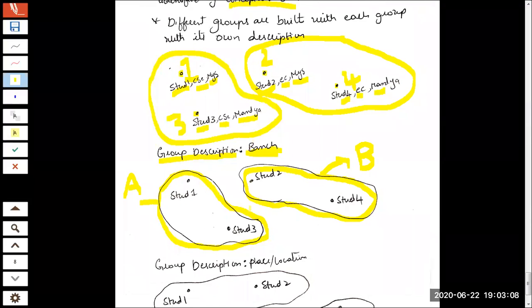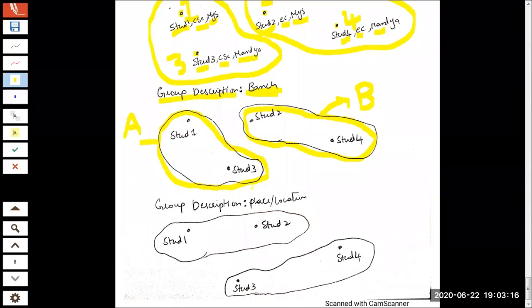Now, is it always the same? No, I can change my description. I can change my conceptual cluster. For example, now I made a change: form the clusters based on place or location. Now the data points will change with respect to cluster A and cluster B because the description, the concept, has changed.